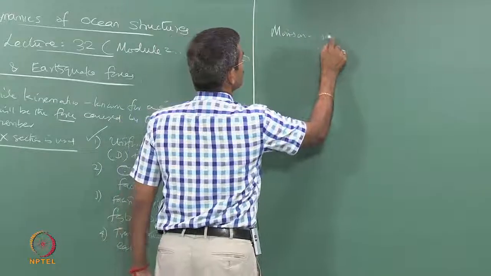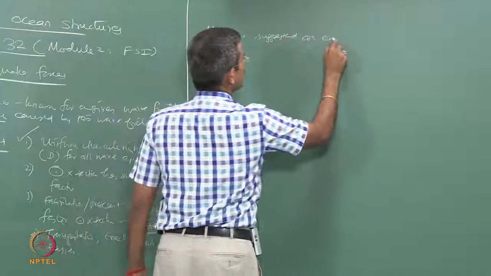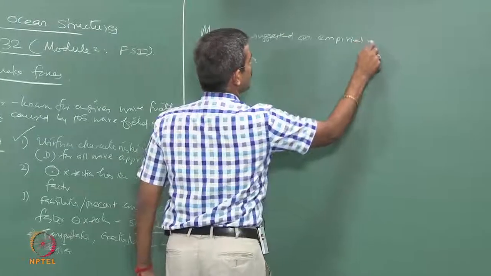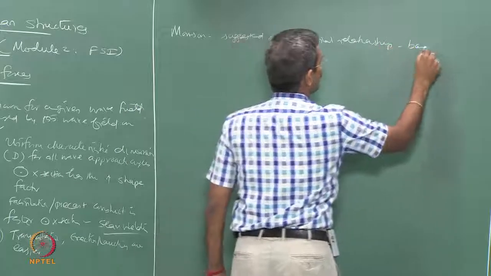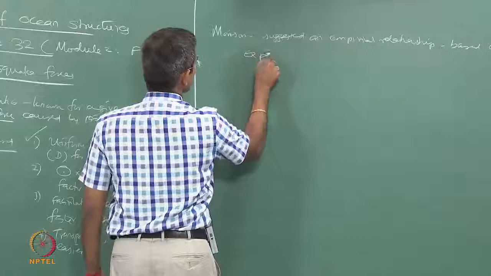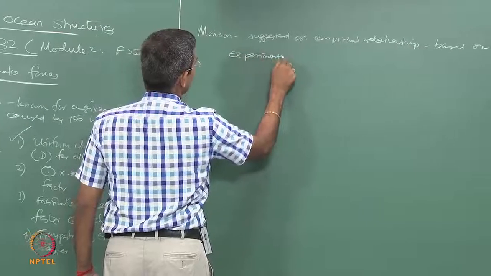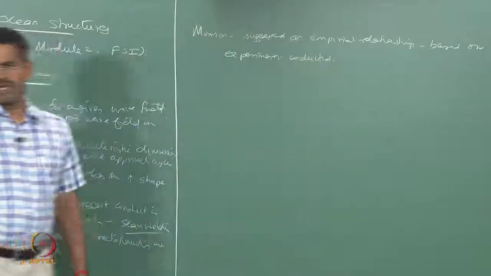Morrison suggested an empirical equation on the basis of experiments conducted way back in 1950.